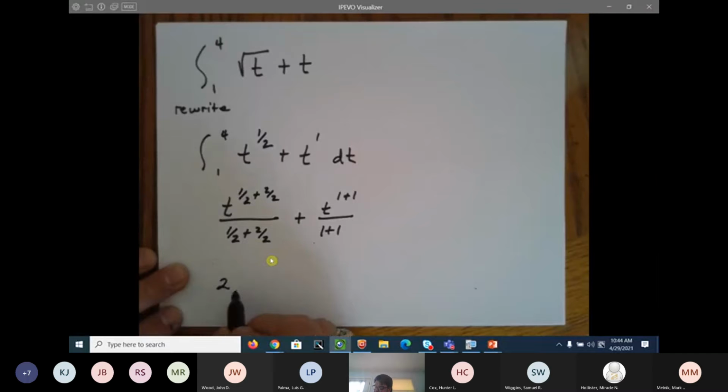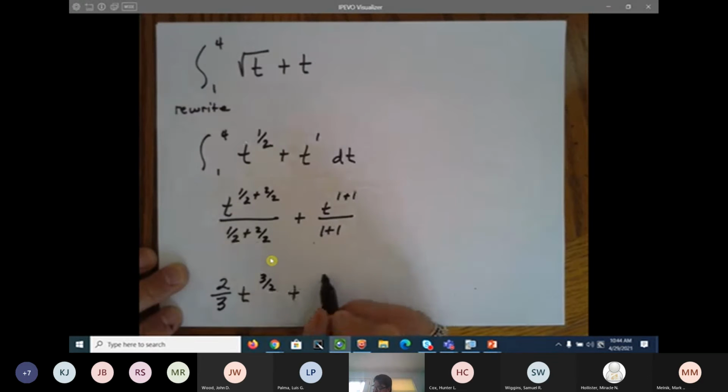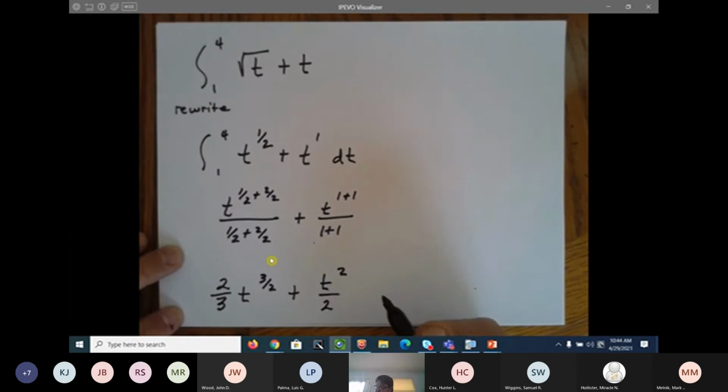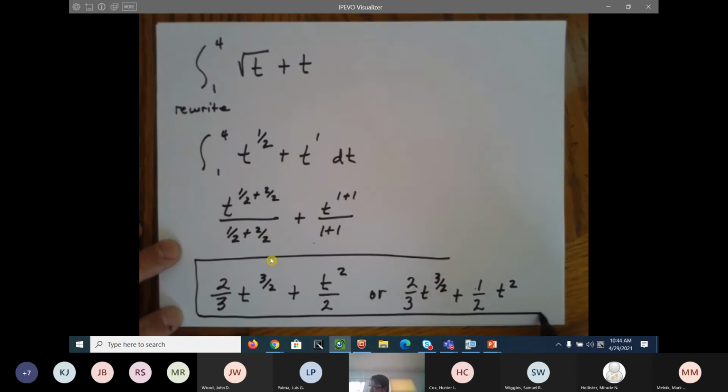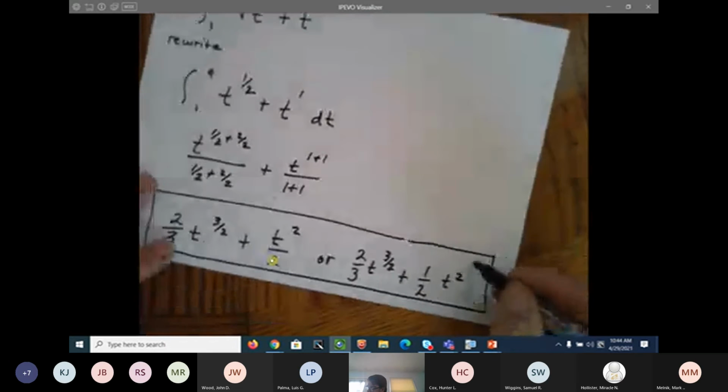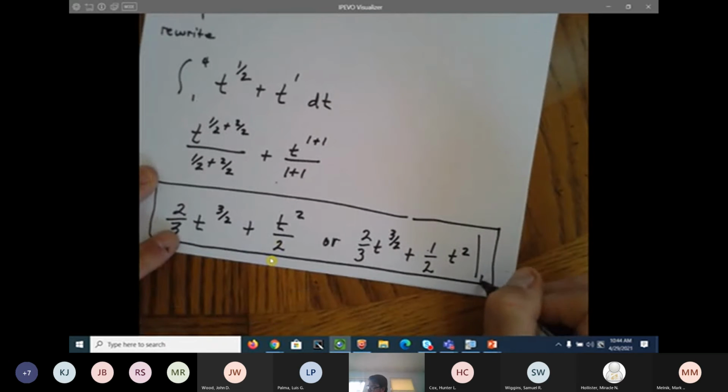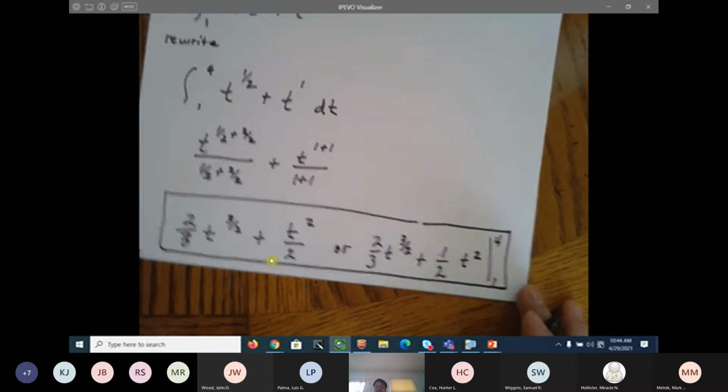So 2/3 t to the 3/2 plus t squared over 2, or 1/2 t squared, however you want to write it. 2/3 t to the 3/2 plus 1/2 t squared. So that is the answer. That's the setup. All you got to do is evaluate at 1 and 4.